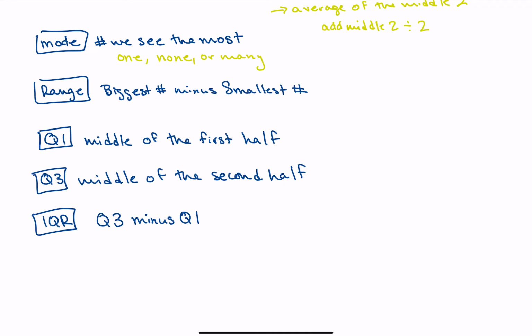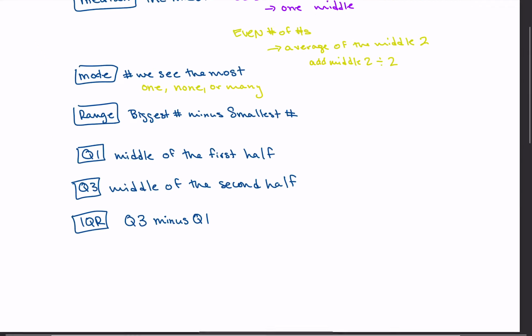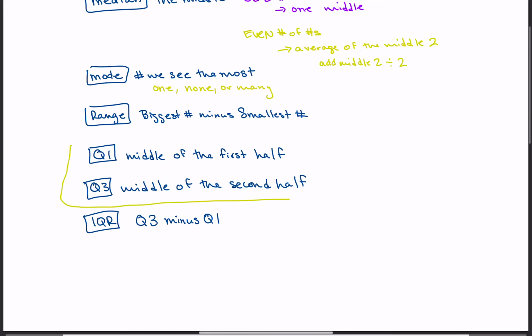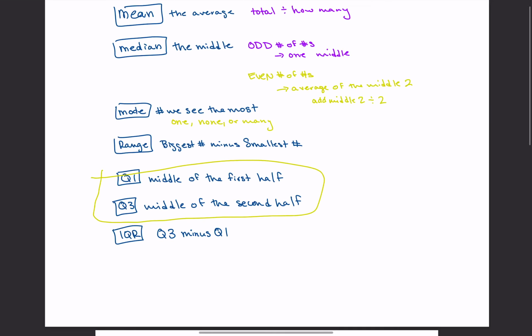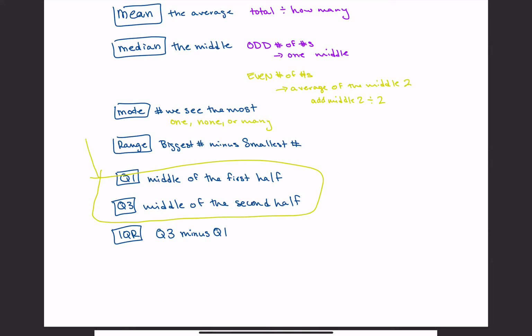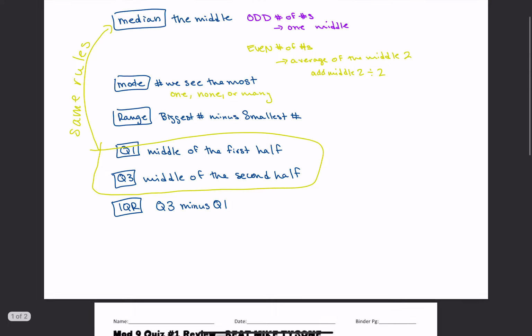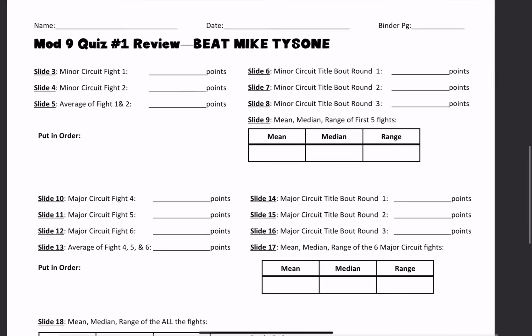Now I want you to somehow, some way, show that these two, we'll box these, and we're going to say same rules, right? If there's an odd number of numbers for the first half, then there's one middle. If there's an even number of numbers for the first half, then you have to find the average of the middle two.